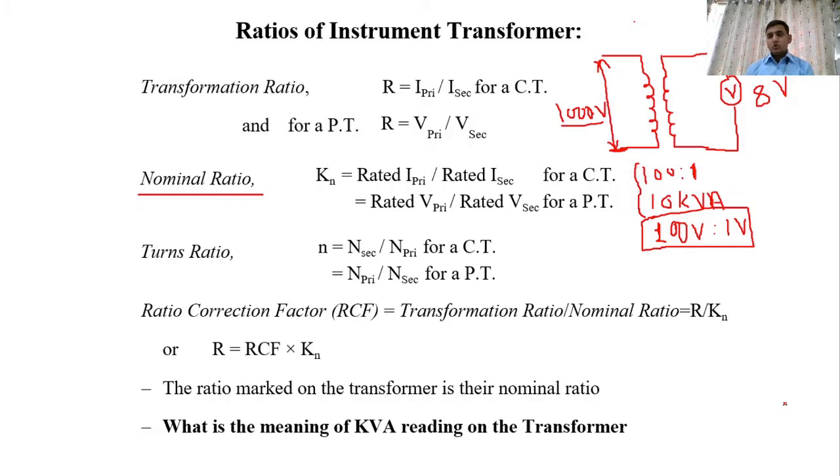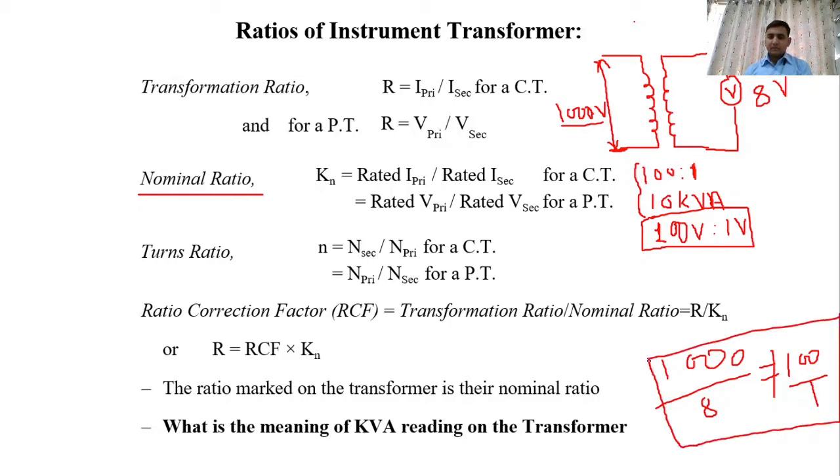Okay. So as you see, in case of losses, some voltage is dropped due to copper loss or iron losses, as we discuss in the next slide, so the transformer ratio can be 1000 to 8, where the nominal ratio is 100 to 1, which is not equal in case of practical transformers.